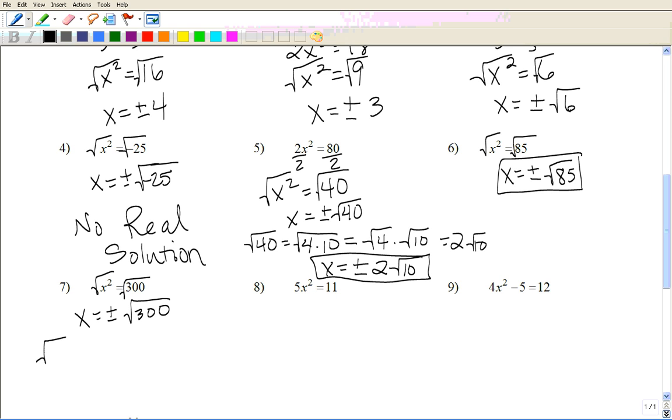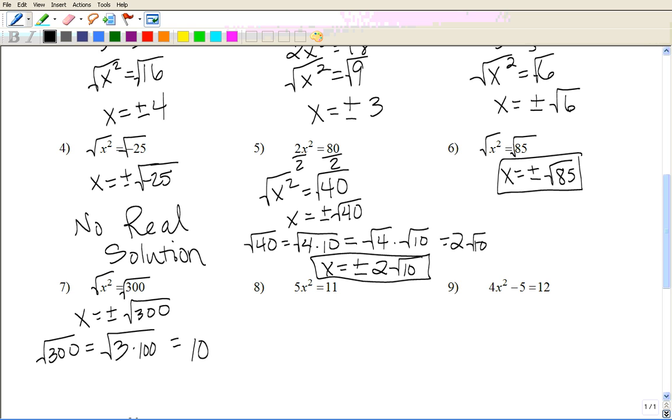So if we have the square root of 300, well, what's the largest perfect square I can get out of 300? Well, quickly I can see that it's 3 times 100. The square root of 100 is 10, and the square root of 3 cannot be simplified anymore.